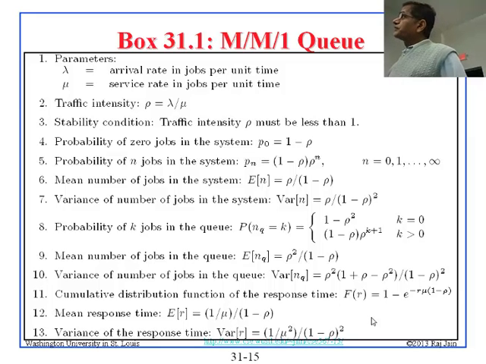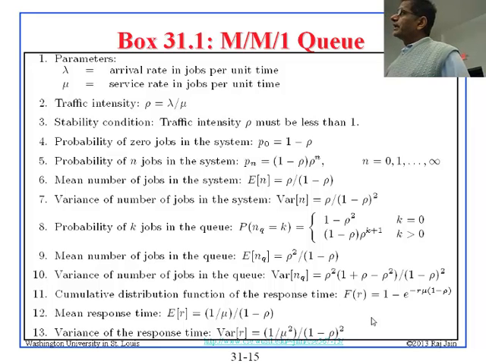So the probability of 0 jobs in the system is 1 minus rho. Probability of n jobs in the system is so much. Mean number of jobs and variance, we already derived. Then there is the probability of k jobs in the queue. Actually this should be called number of jobs waiting.